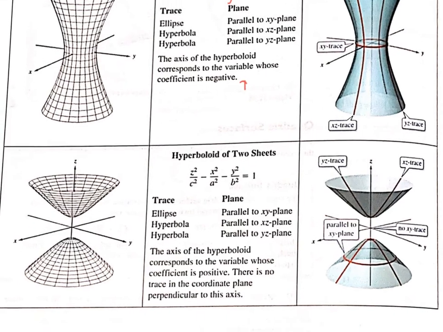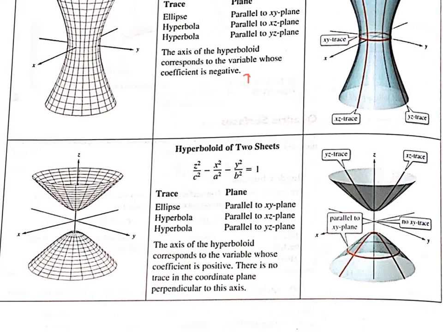Now, the next type of surface is a hyperboloid of 2 sheets. And if you look at this general equation right here, you'll see that you have 2 of your squared variables having minus signs. Minus, minus, right there.